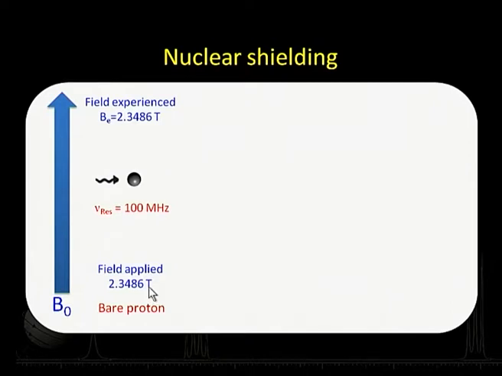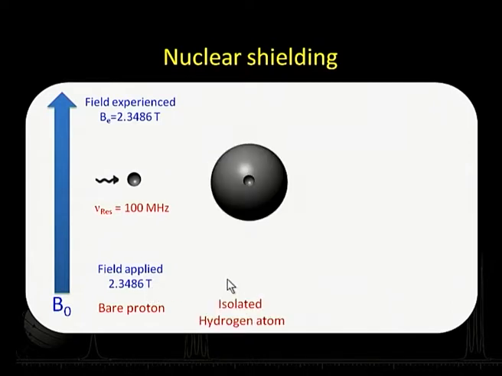This is basic. Now, if I have a hydrogen atom, I just take one hydrogen atom, and I apply the same amount of field. Then the field experienced by this nucleus will be less than the applied field. We just explained that, because the electrons surrounding the nucleus generate an induced field, and that induced field will be opposing the applied field.